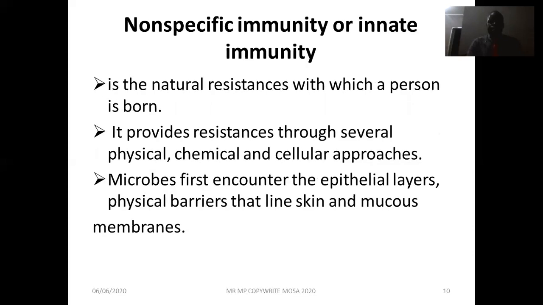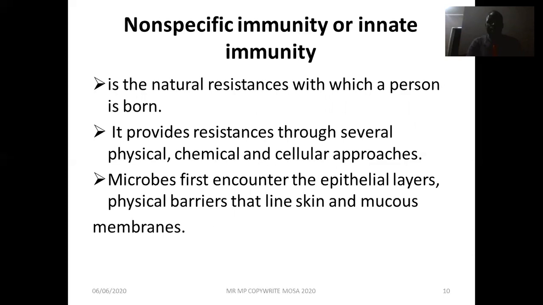Let us look at non-specific immunity or innate immunity. This is the natural resistance with which a person is born. So in other words, this is the immunity that a person is born with. It provides resistance through several physical, chemical, and cellular approaches.